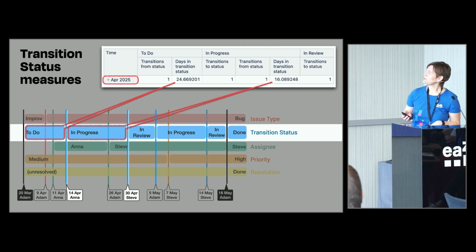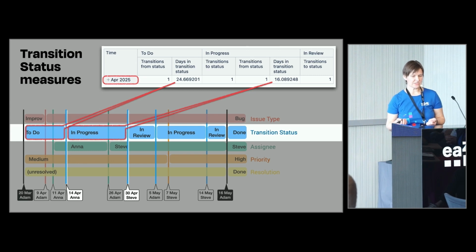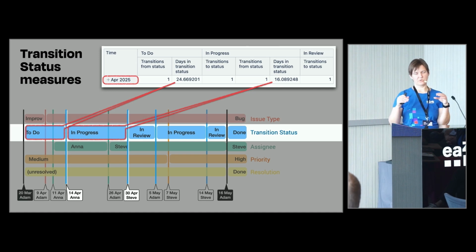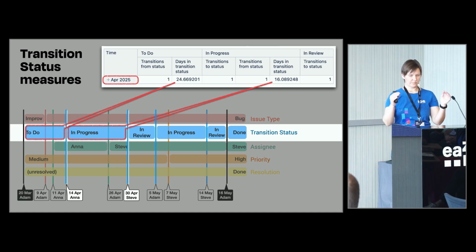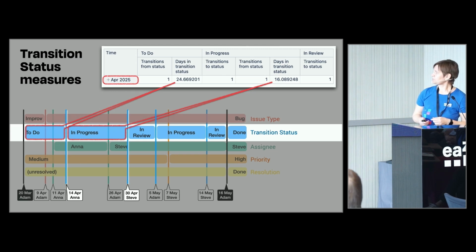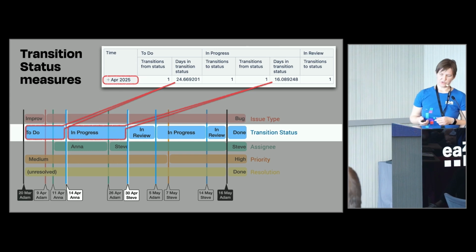So we show that in to-do status, we show 24 days, even though the issue was created in March, and some of those days happened in March, but the transition from to-do status happened in April. So we show all the days in April, because this is how status measures work. They look at the whole chunk of the period when the status was one value. And at that point in time, it's assigned to time dimension and also to all the other dimensions.